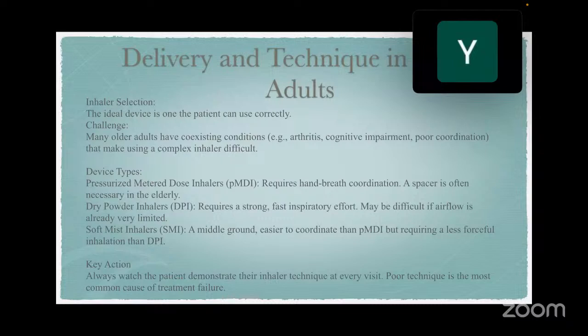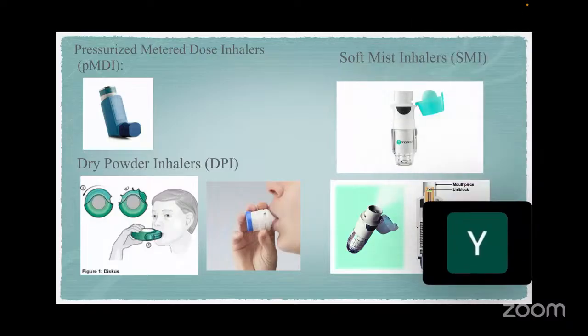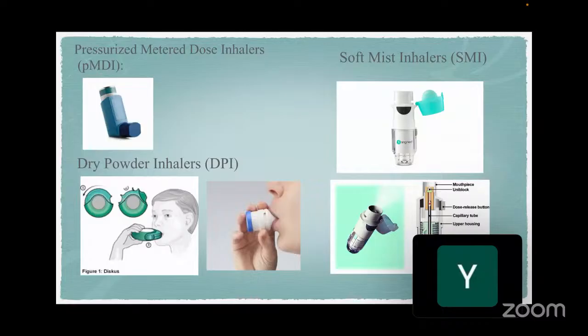It's always important for us to observe the patient's technique, and we should treat poor technique as a management issue that needs to be corrected, and not a compliance problem. So these are the different types of inhalers that could be used. This is the pressurized metered dose inhaler, the most common one that you see more often. And then we have the soft mist inhalers and the dry powder inhalers.